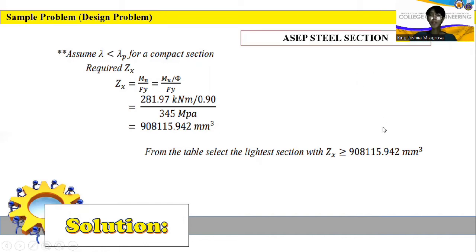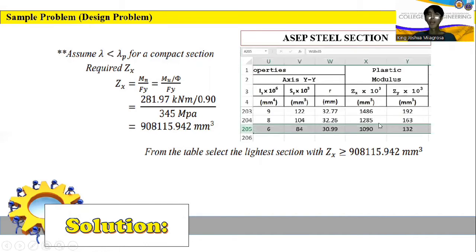So using the steel section table, makikita natin dito na etong Zx natin is malapit siya sa 1,090 times 10 raised to cube o 1,090,000 na plastic modulus.